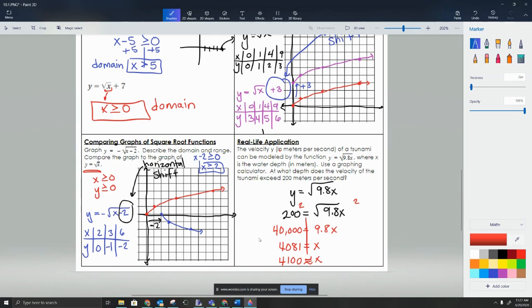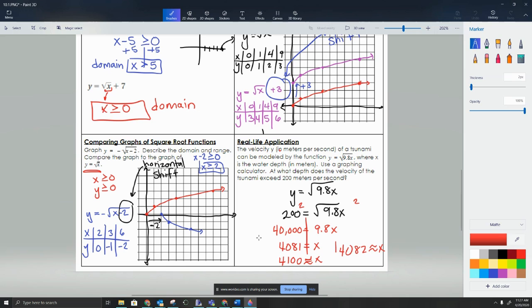Well, I mean, you don't have to round it that high. We want to round it up because we know this thing is increasing, and we want it to be greater than 200. So we could say at about 4,100, or you can say 4,082, y is going to be greater than 200.